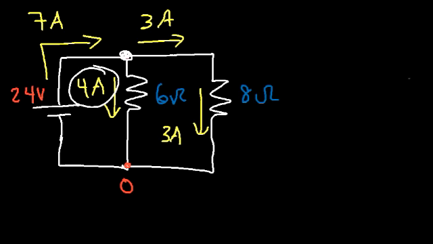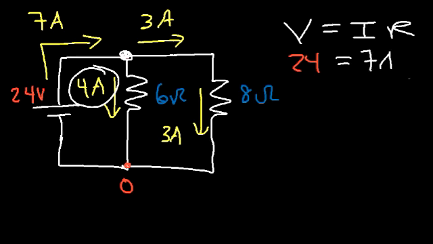Now to find the total resistance of the circuit, there's two methods that we can use. First, let's use Ohm's law. V is equal to IR. The total voltage of the battery is 24 volts, and the current that leaves the battery is 7 amps.